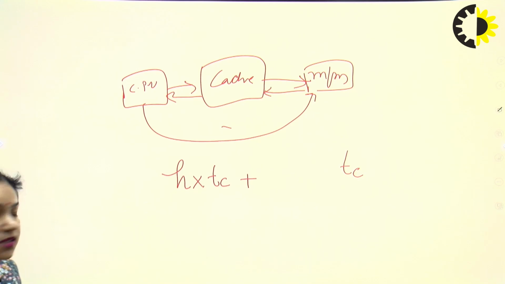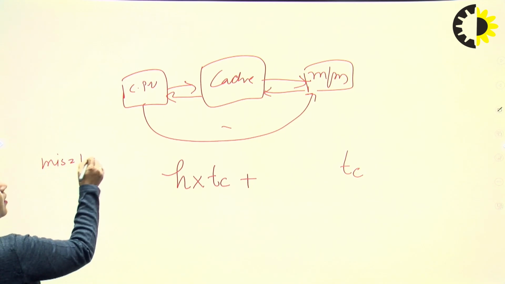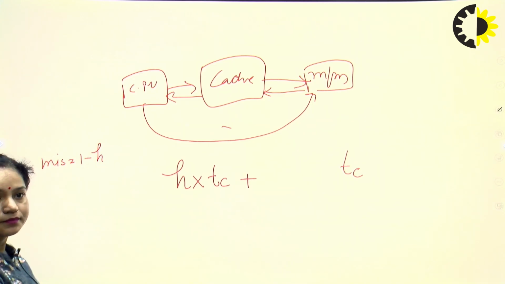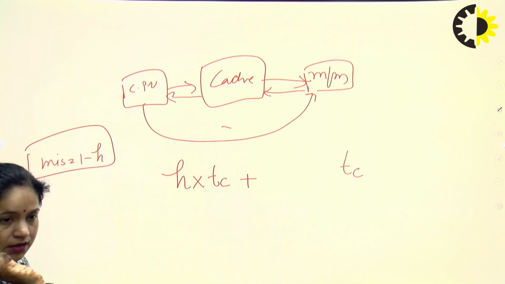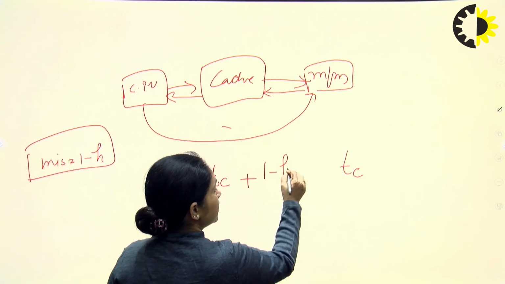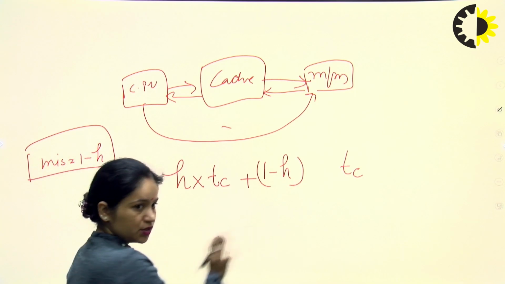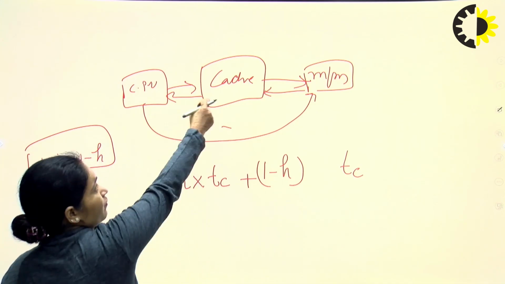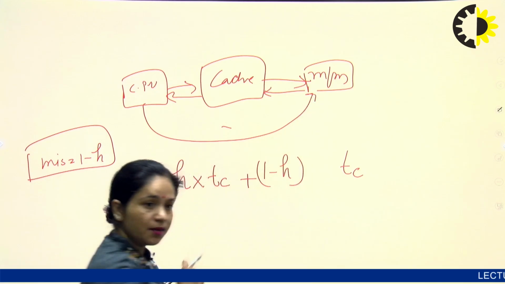And what is a miss? Miss is equal to 1 minus hit, or hit equals 1 minus miss. Okay. So there it is, and 1 minus hit, that is our miss. Or we can write miss also. But if it is not in the cache memory, then it will go to the main memory.